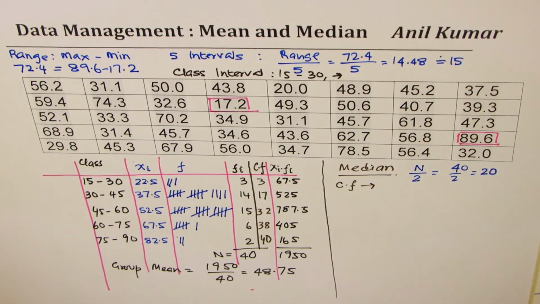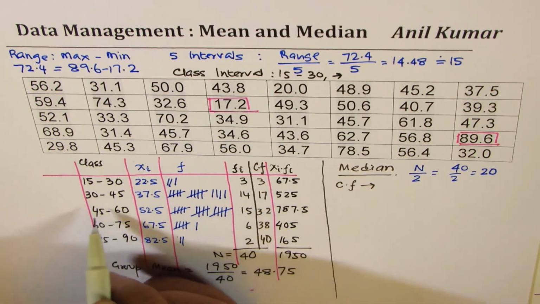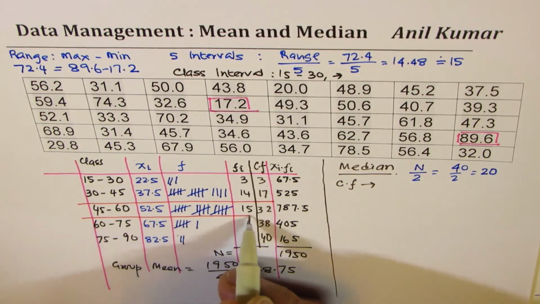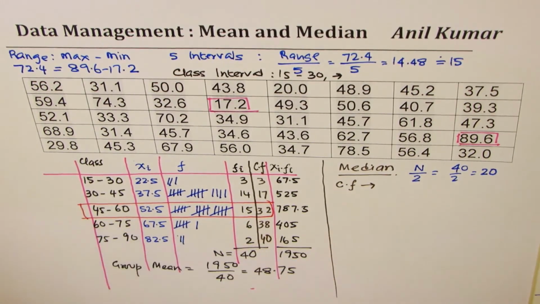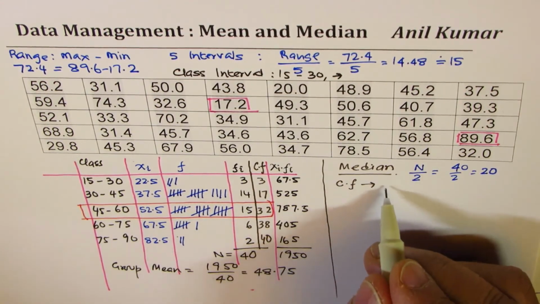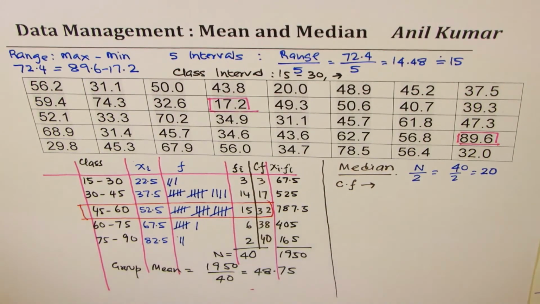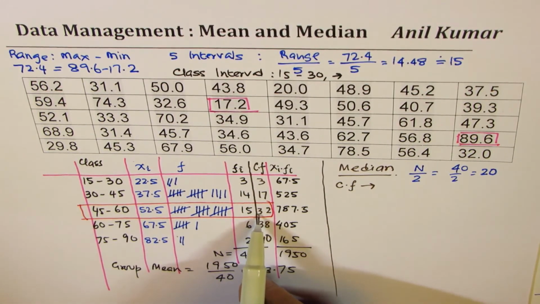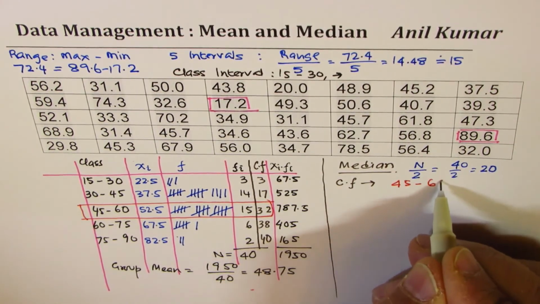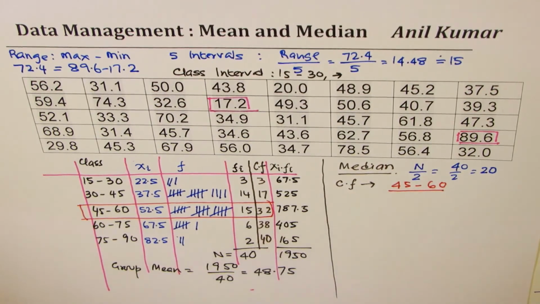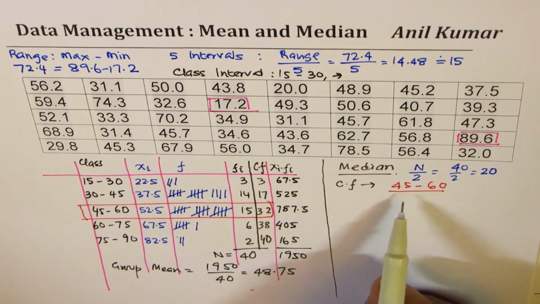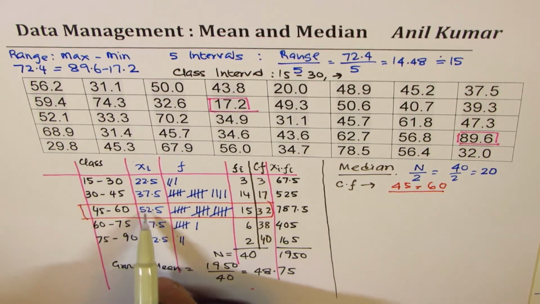So let me highlight the modal frequency. So that is this one, above 17. Do you see that? So that becomes key interest. So 20 is above 17. So we get our frequency. So we are interested in the interval 45 to 60, where the median lies. Now, for some students, they adopt a very simple method. They just take the mid value, and mid value is 52.5.